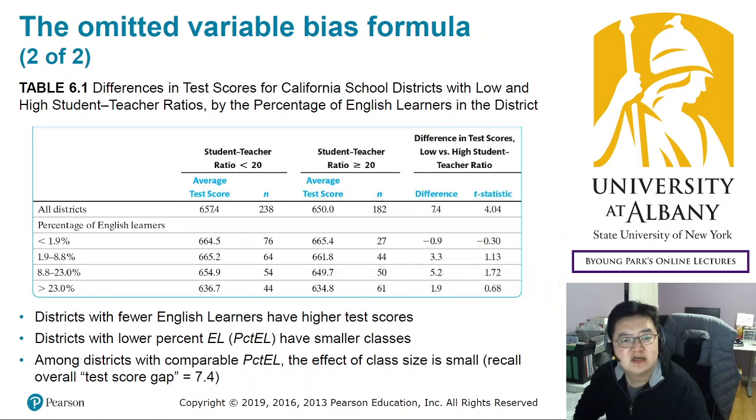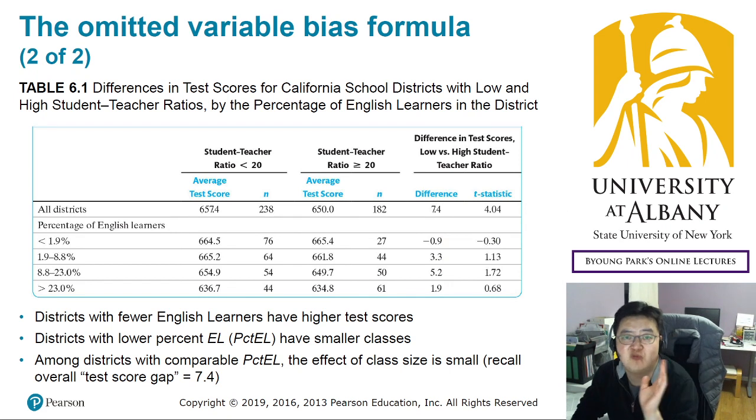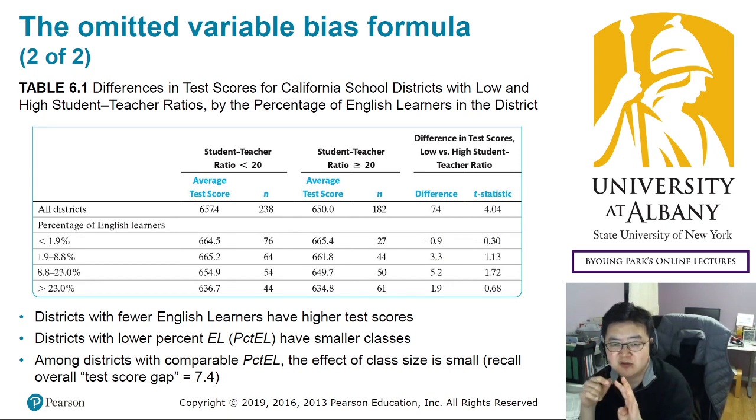This was the earlier conclusion in chapter 4, but we learned this could be overestimated, because this 7.4 includes the direct effect that we are looking for. At the same time, it may include the indirect effect through the number of ESL students.